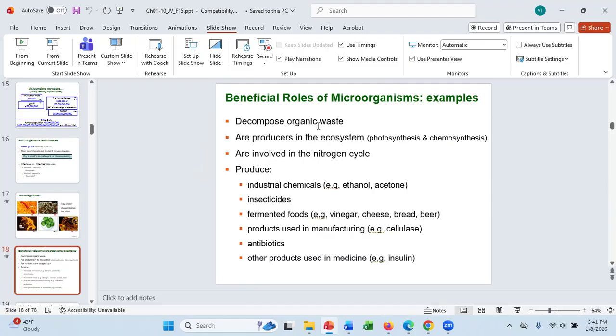And it is true that there are mushrooms that help decompose the organic waste as well. But all decomposers are either a mushroom, a fungi, or a bacteria or archaea. So most decomposers are microorganisms.